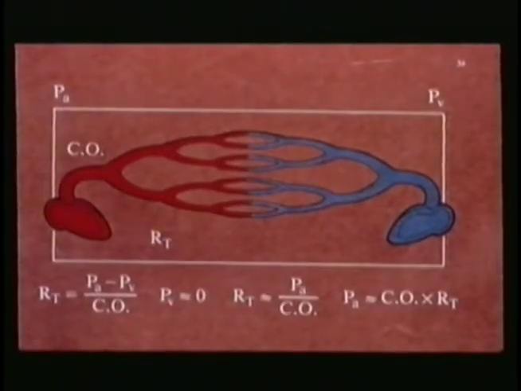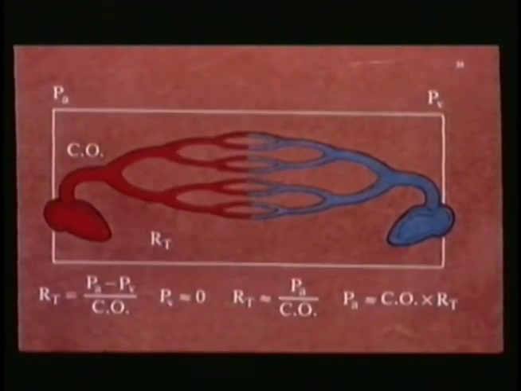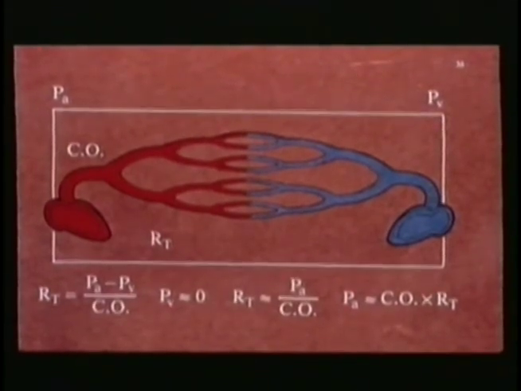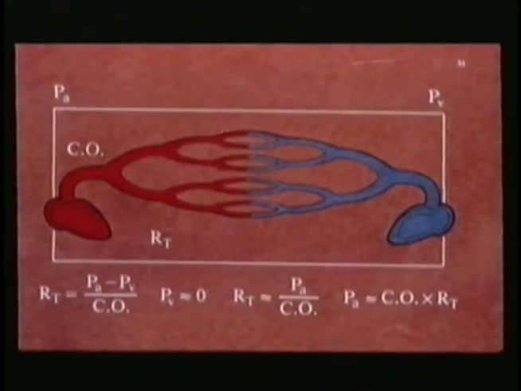34. As shown in the previous slide, the total peripheral resistance, RT, equals the difference between mean arterial pressure, PA, and right atrial pressure, PV, divided by the total blood flow or cardiac output.